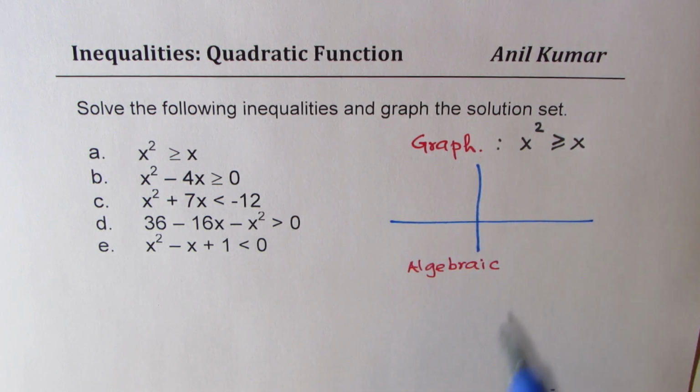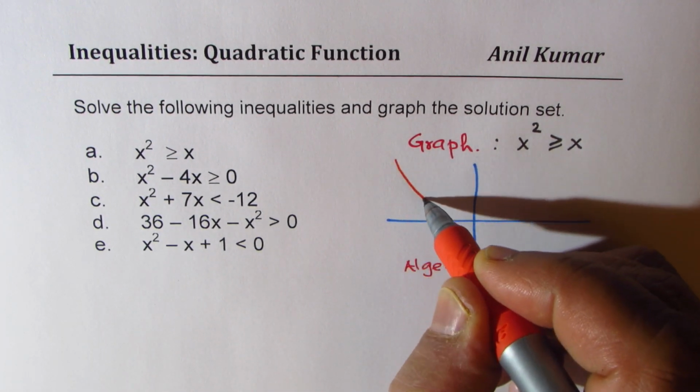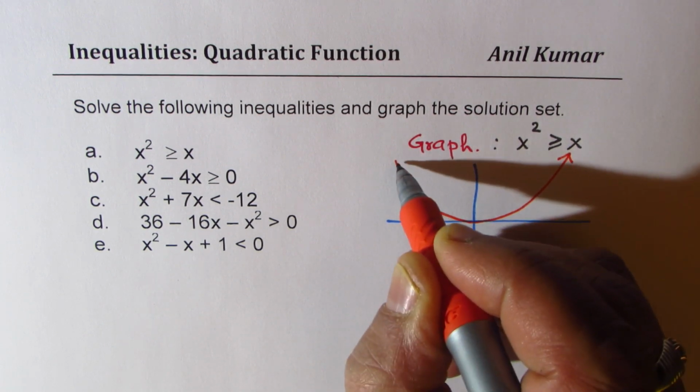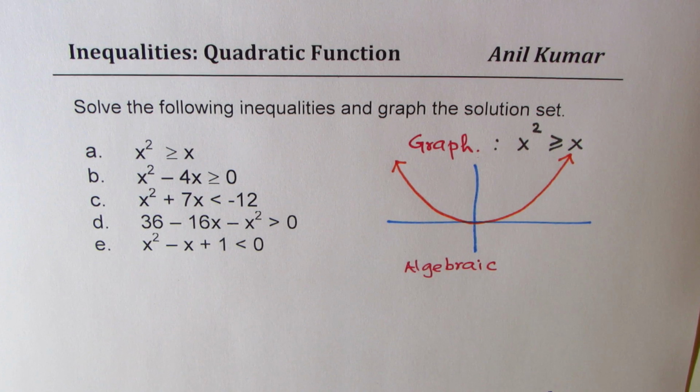Okay. Let us say that the graph of the function x square is like this. All right, so let's say that's the graph of x square. It's a parabola, it opens up, easy to make. So that's not an issue.